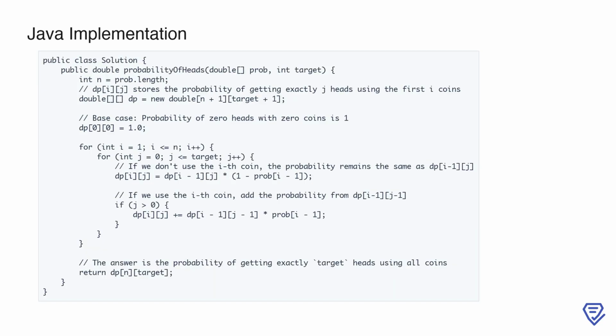This is the Java implementation for LeetCode problem number 1230, Toss Strange Coins. It follows the same dynamic programming logic as the Python solution, using a 2D array dp to store probabilities of achieving a specific number of heads with a given number of coins.